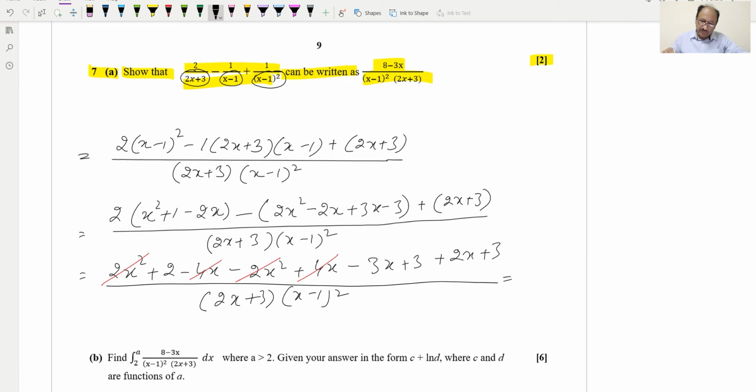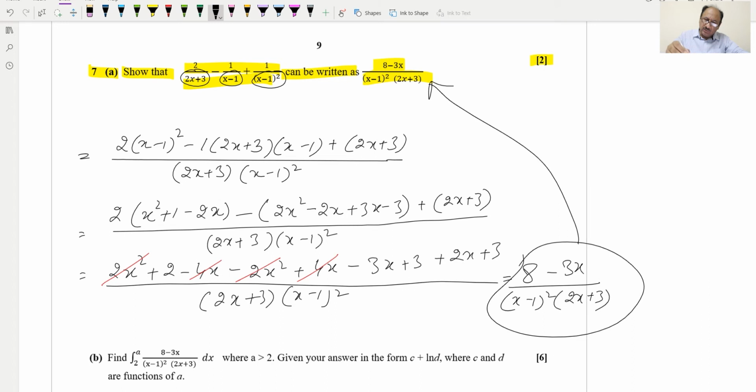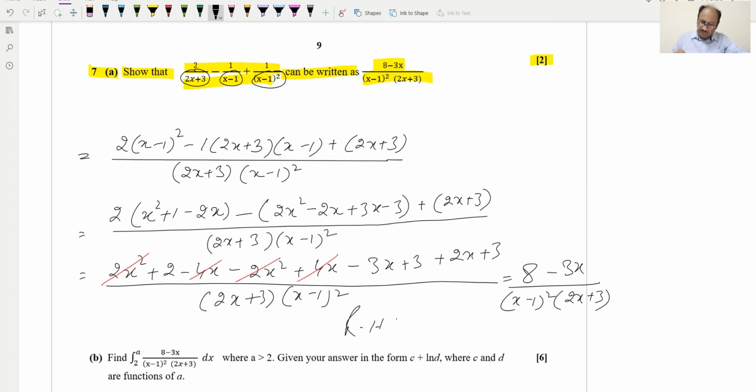This will be 3 plus 3 will be 6 plus 2 will be 8, so we'll write 8 minus 3x, divided by this whole thing, which we can write as the denominator x minus 1 squared into 2x plus 3, which is the same as this one, the left hand side. So we can write right hand side is equal to left hand side.